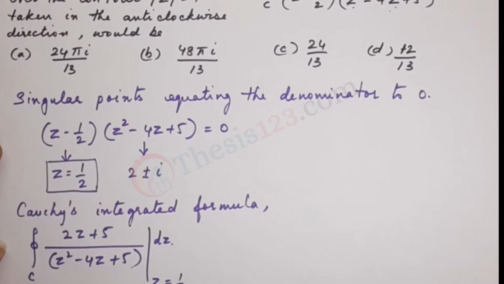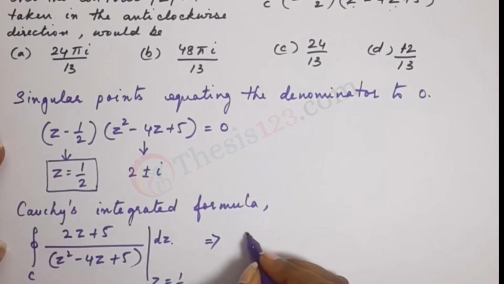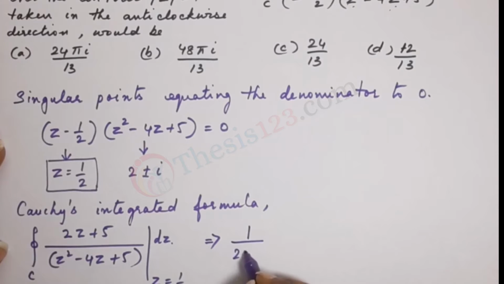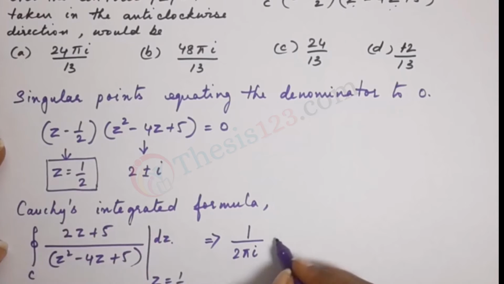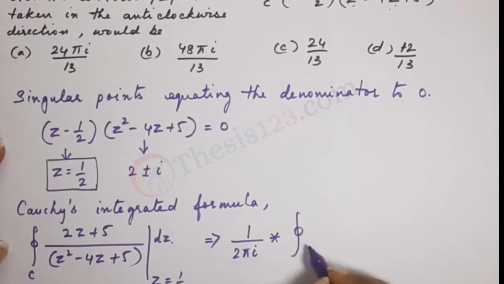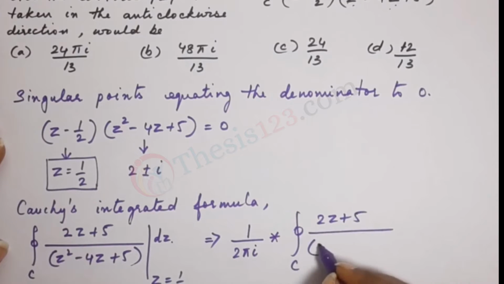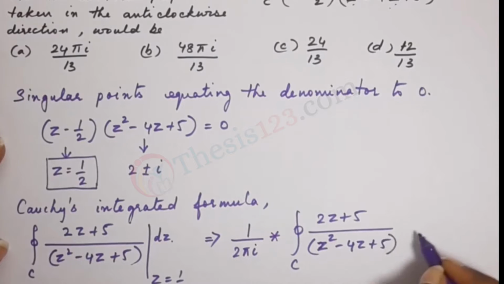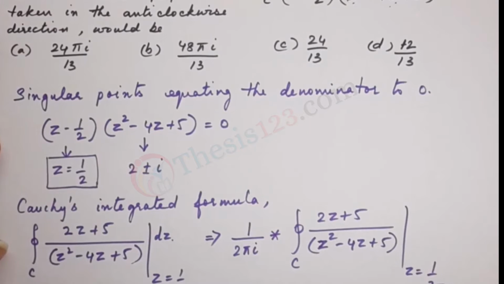Okay. So in order to do this, the formula says 1 by 2 pi i times this, 2z plus 5 divided by z square minus 4z plus 5 at the value z is equal to 1 by 2.